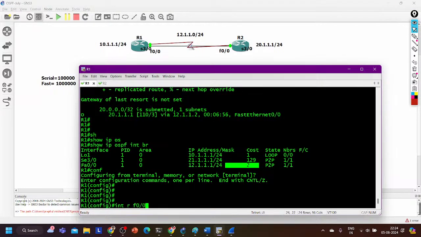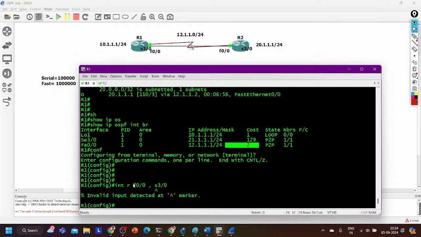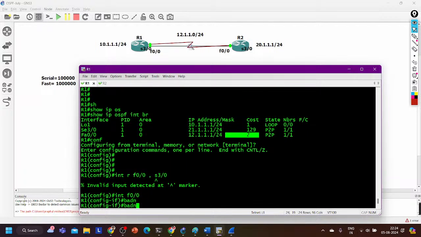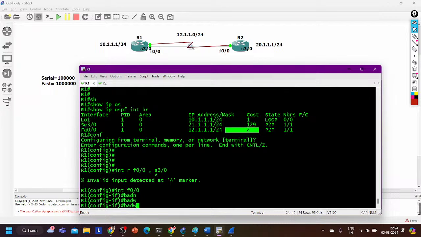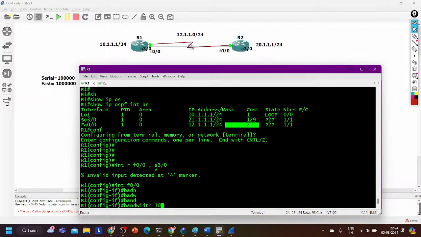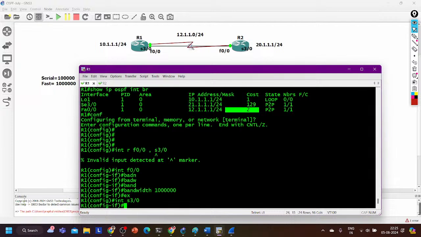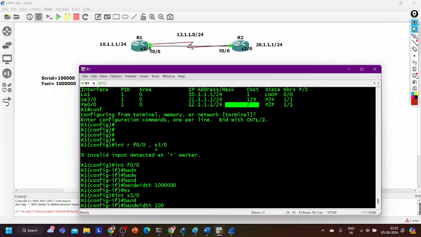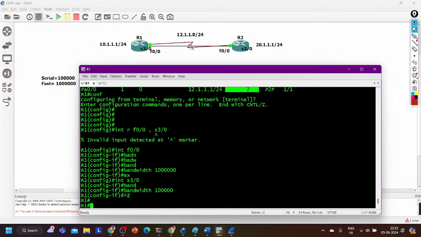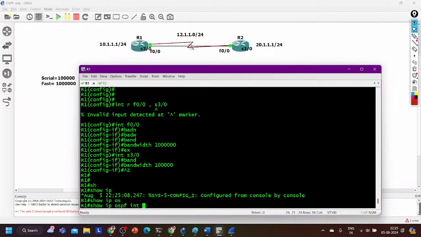Interface range F0/0 and serial 3/0. Not use the range command because I need to configure different bandwidth, sorry. F0/0, say bandwidth is 123456, and on serial interface serial 3/0, bandwidth is 12345. So show IP OSPF interface brief.